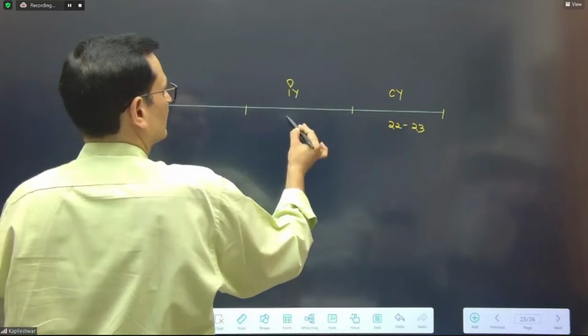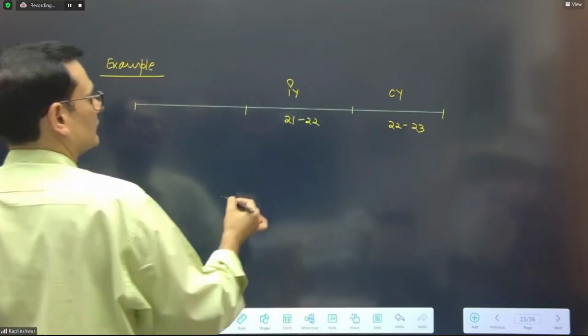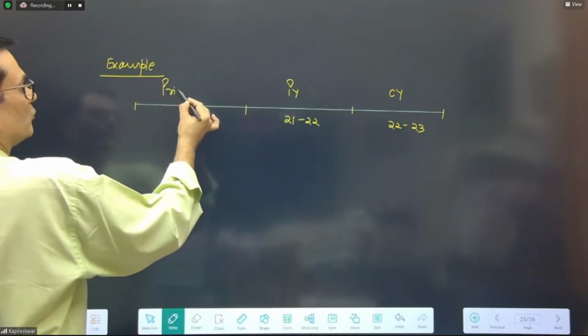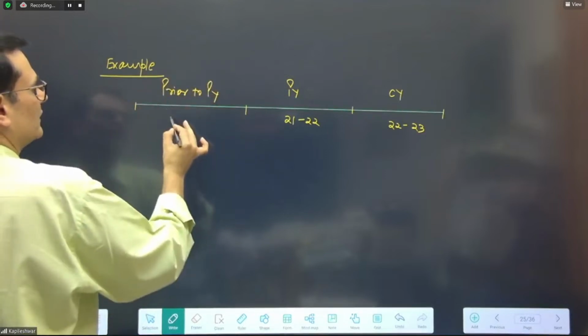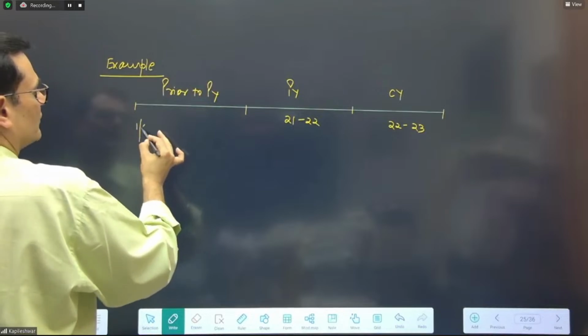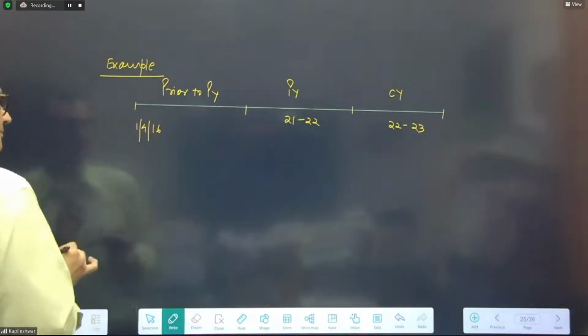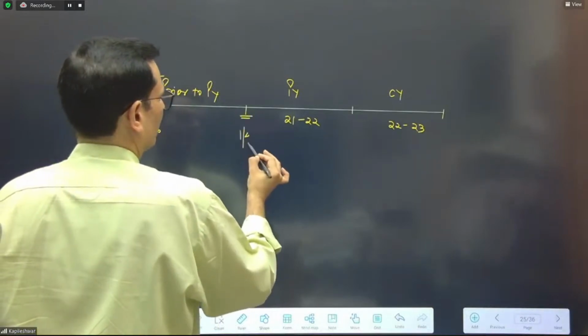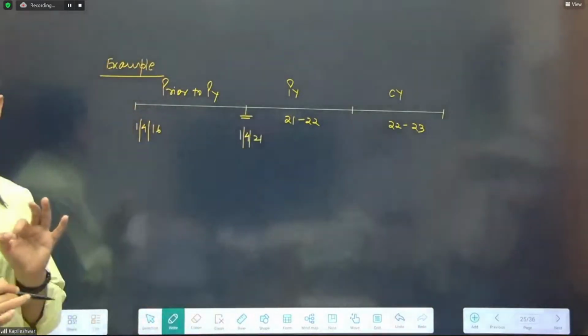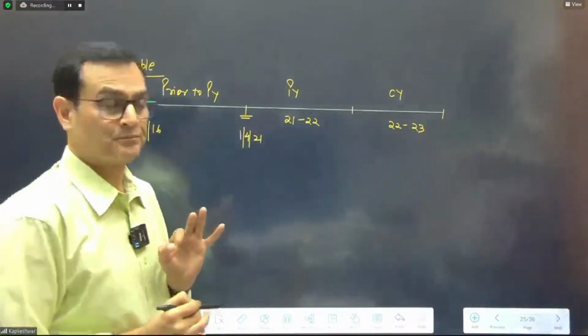This is the previous year 21-22. And this is prior to previous years. Let's say it starts from 1st April 16. And this is 1st April 21. So let's keep this time scale and begin the journey.